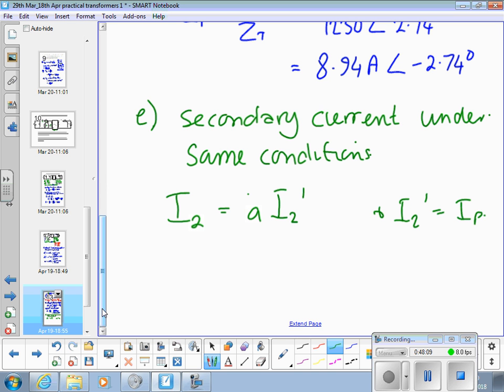Yeah? You get that or not? Therefore, I2 is equal to 27.5 times 8.94 angle minus 2.74. There's no angle to the ratio, so it doesn't change the phase. So the currents in the primary and secondary are in phase with each other.